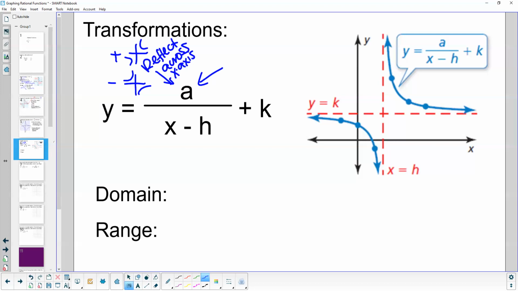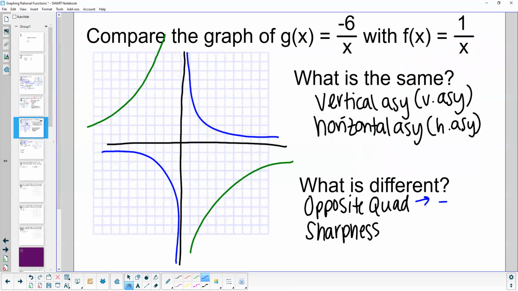The other piece that we see comes from what the value of a is. So if the absolute value of a is bigger than 1, meaning that we have a -7 or positive 15, whatever it is, we are going to have what's called a vertical stretch. A vertical stretch means that our function is going to be further away from the curve. As you look here at this one, that distance of our curve right here at 3 going from here to here is shorter than that distance from here to here on our axis there.